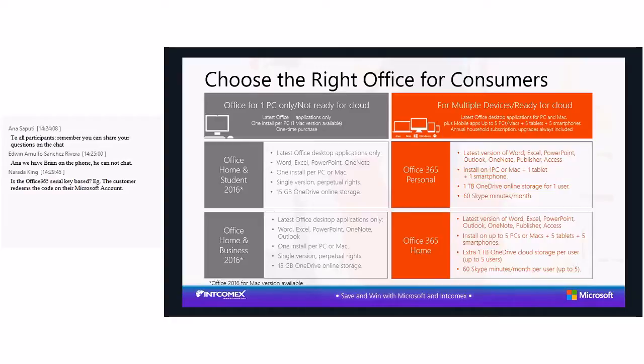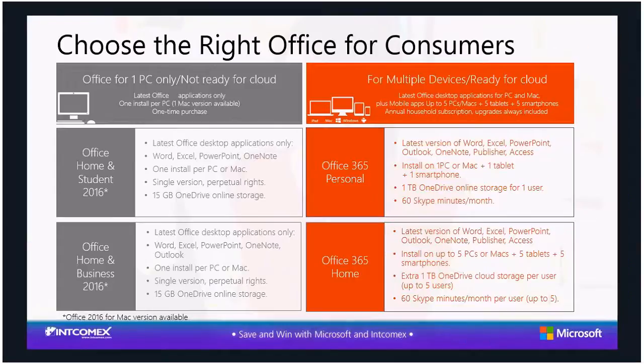So let's understand if the customer is ready or not for the cloud. If they're not ready yet for the cloud and they're a consumer, then Office Home and Student is the best version for them. If there is a company, right, and they want to add the Office, but they're not ready for the cloud, then Office Home and Business is the best version, is the hero SKU.